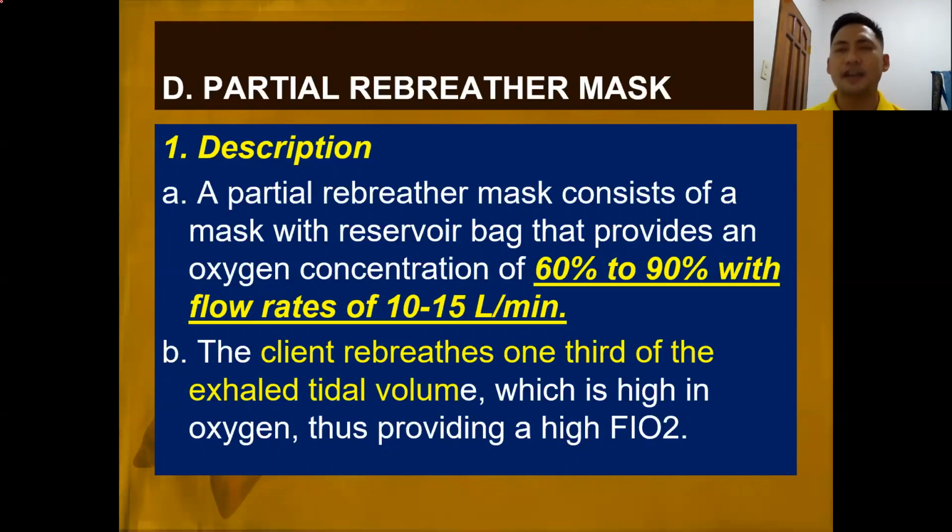They can also provide up to 60 to 90% FiO2. But there is a difference in terms of the structure of the mask or the whole device. The client rebreathes one-third of the exhaled tidal volume, which is high in oxygen, thus providing a high FiO2.